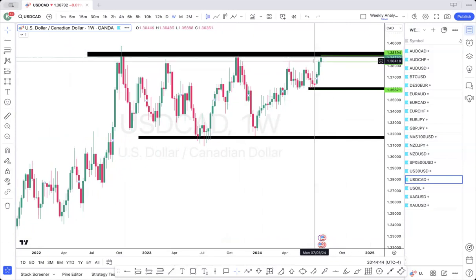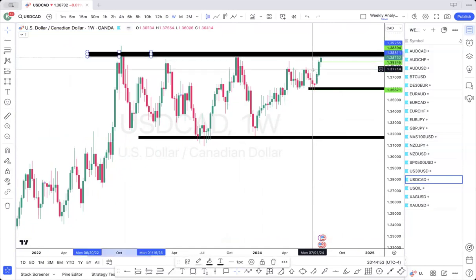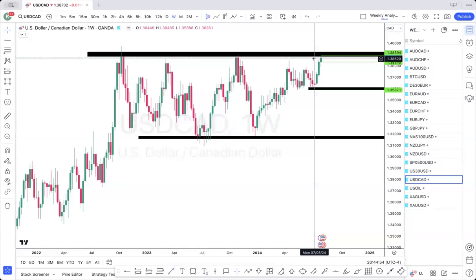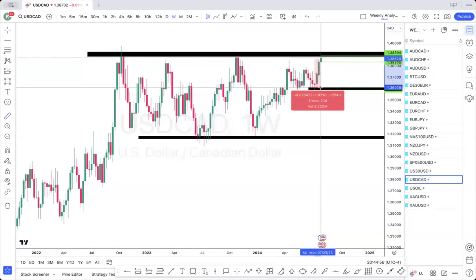We have, ugh, did not give it. Okay, here we go. We're looking at over 250 pips from one zone to the next. That's a nice little change, okay?